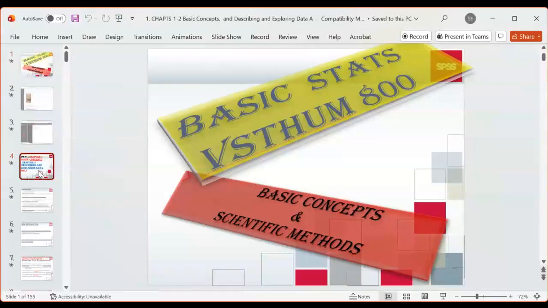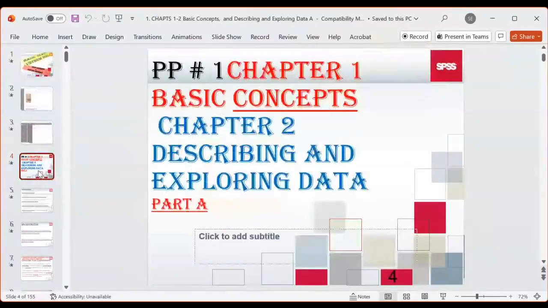So again, I will skip some of those PowerPoints, but please read them, especially if you haven't had any research method class, because again, this course is designed to help you complete your doctoral dissertation. In order to do so, you need to be knowledgeable about research methods and statistics. So they go hand in hand.